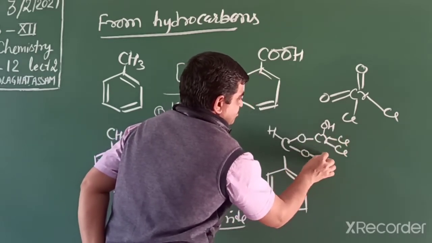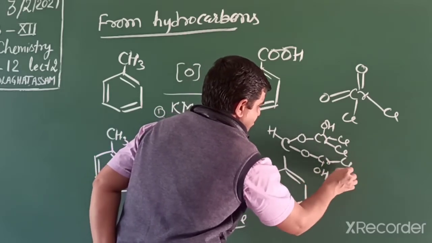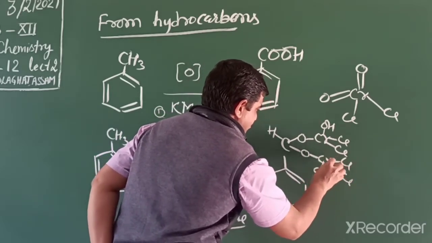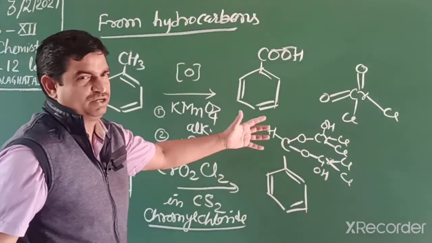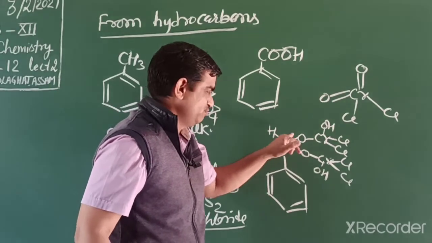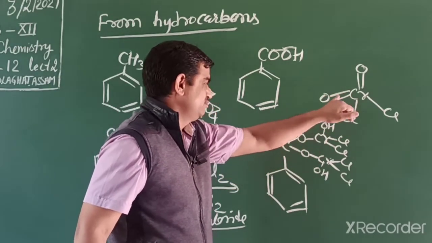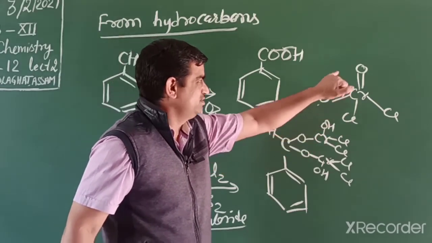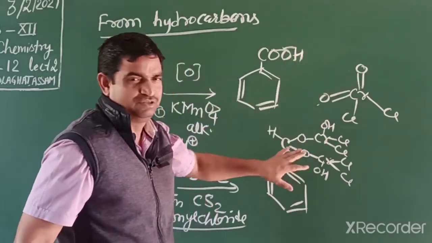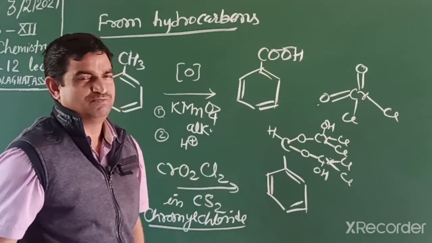Further, it forms a chromium complex, meaning this oxygen reacts with carbon and the bond dissociates. The hydrogen attaches to another oxygen, one oxygen bonded with carbon, the other bonded with hydrogen. So we get a dichromium chloride type complex.